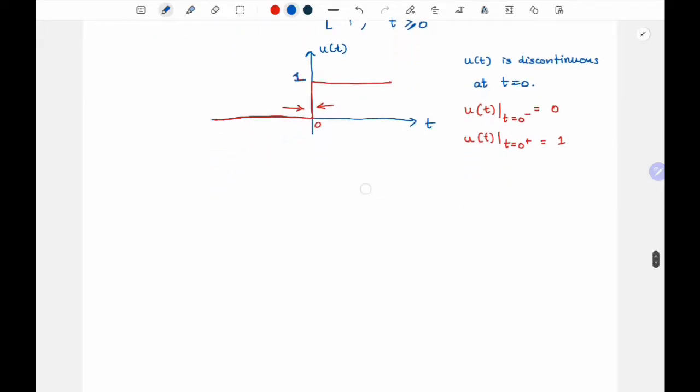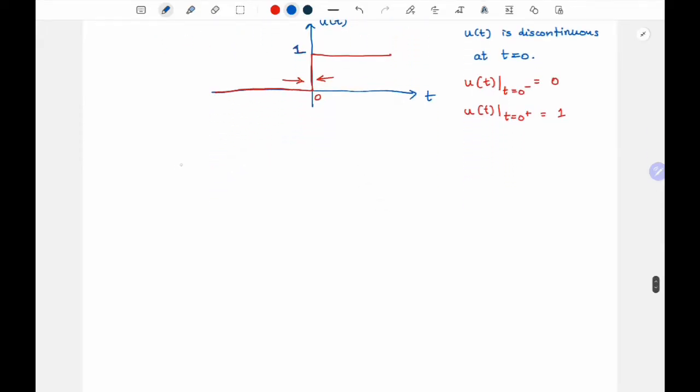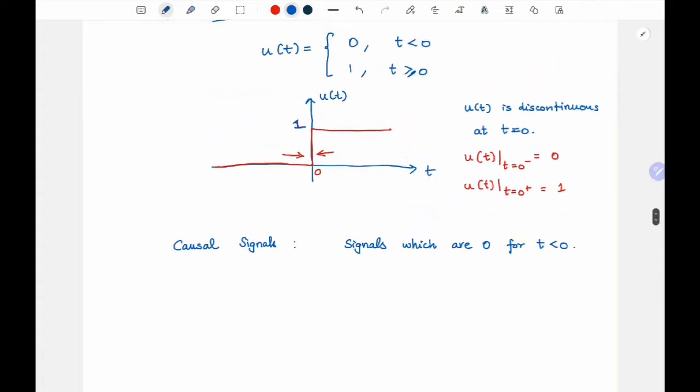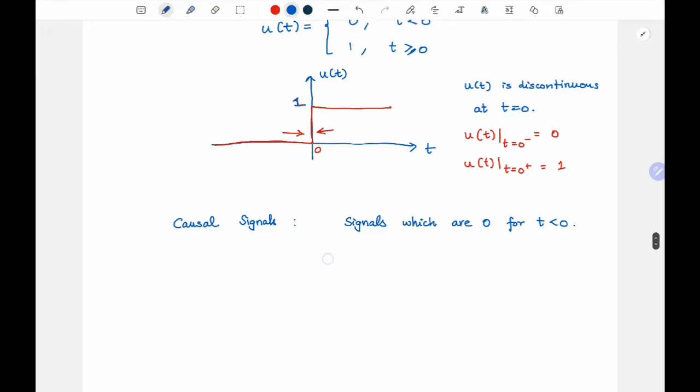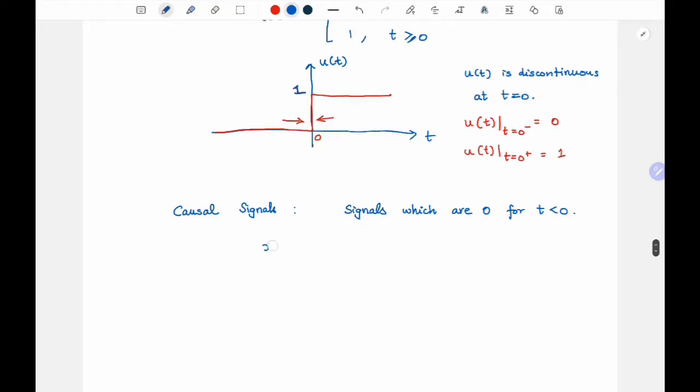In the last lecture we saw what causal signals are: signals which are 0 for t less than 0. This u of t also has that property. If you take any signal, let's say x of t, and multiply it with u of t, what will you get?